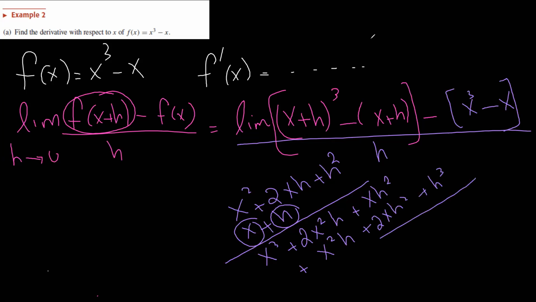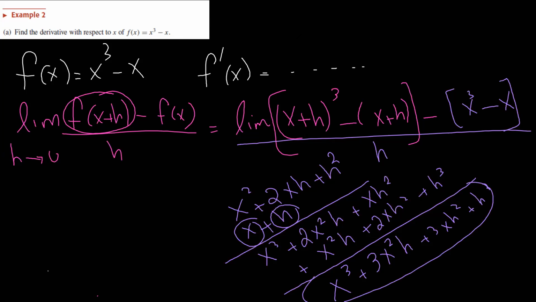So after that, you will have x cubed plus 3x squared h plus 3xh squared plus h cubed. Is it clear? I think you took it in grade 8 or 9, how you multiply these binomials. Yes. Okay.